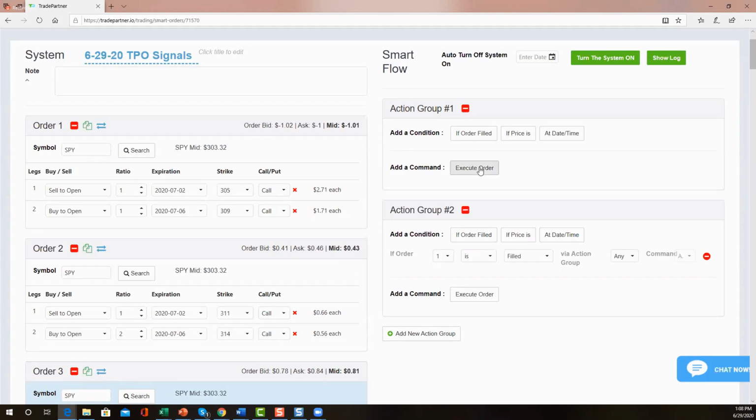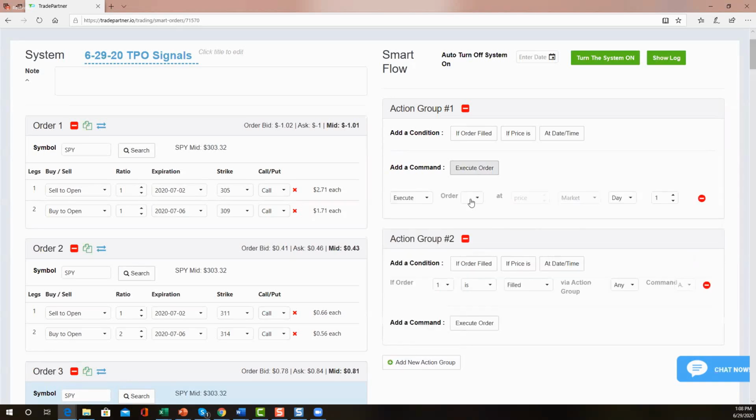My goal is to get at least a 10-cent credit with this, and so I would say execute order 1. Now I'm going to tell you right now that I'm willing to execute order 1 first because I am already super bullish.